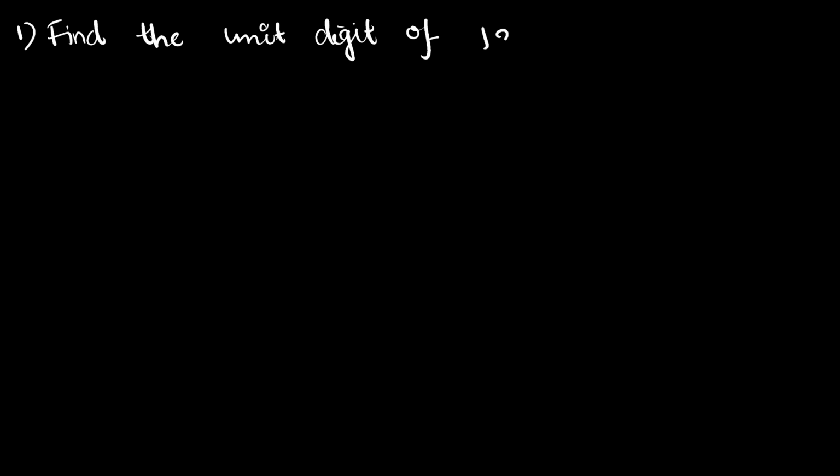We'll see one more example. Find the unit digit of 12 raised to 12 into 22 raised to 22. First we will see 12 raised to 12. Here the unit digit is 2.